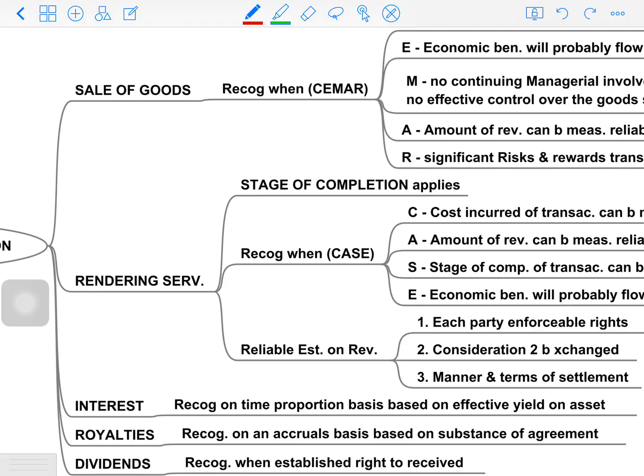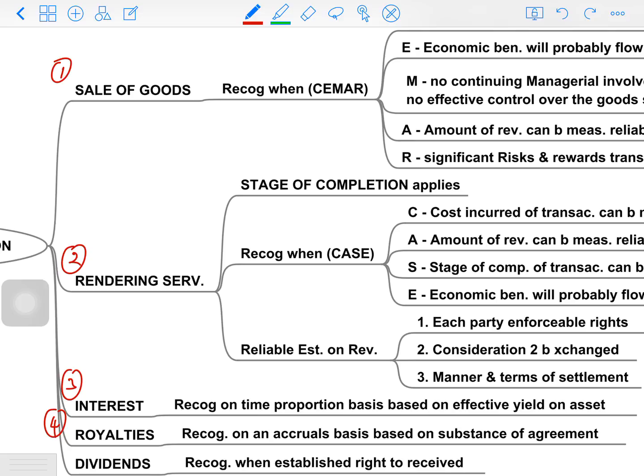One is sale of goods. Number 2, rendering of services. Number 3, interest. Number 4, royalties. Number 5, dividend. Okay, normally in your final exam, these are the revenue that they will ask you how, when, and how much revenue you should recognize and calculate.